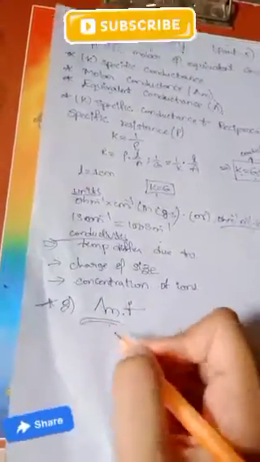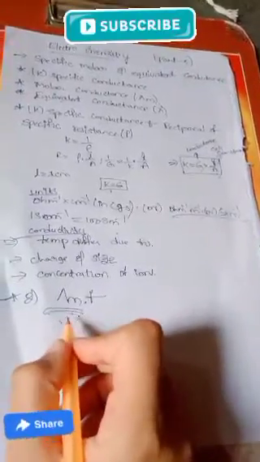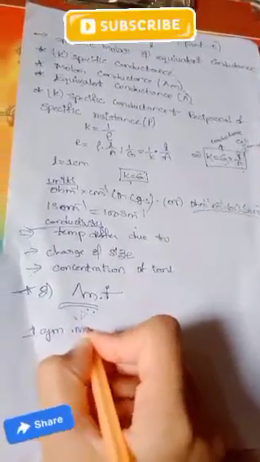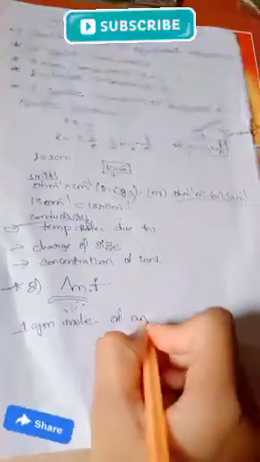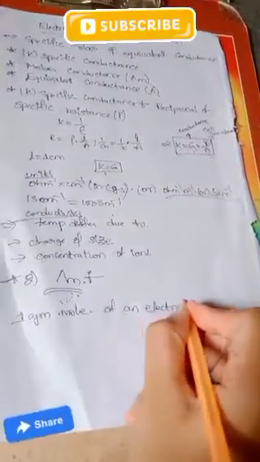Next one is molar conductance. This is the symbol. It is the conducting power of all ions produced by dissolving 1 gram mole of an electrolyte.